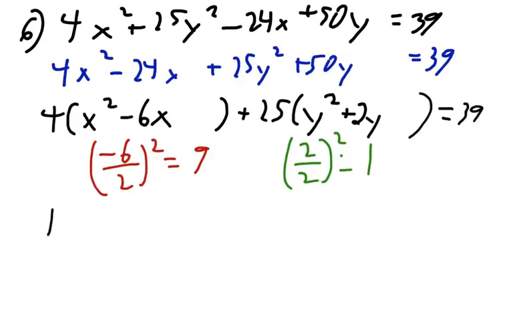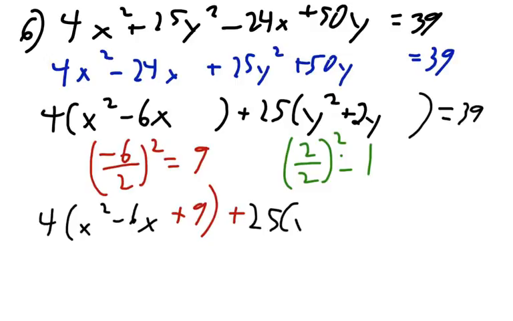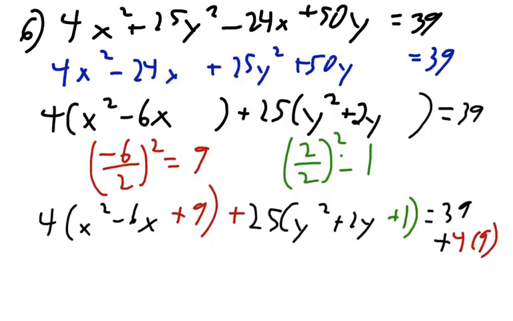So we got 4 x squared minus 6x plus 9, plus 25 y squared plus 2y plus 1, equals 39 plus 4 times 9 plus 25 times 1.